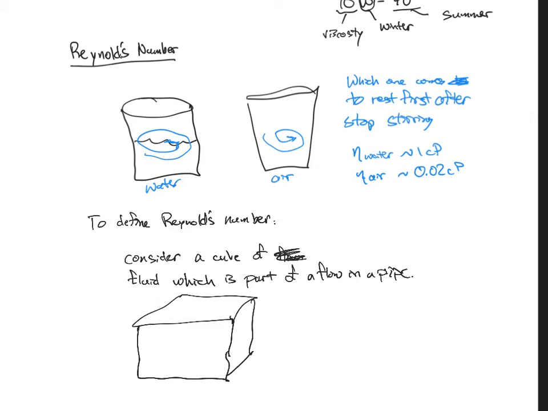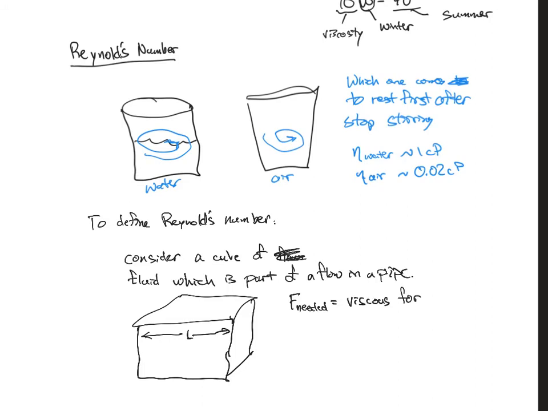And let's say that the cube has edge length L. And we want viscosity to bring it to a stop in a distance L. That's the way we're defining the Reynolds number. So let me define F needed as the viscous force.